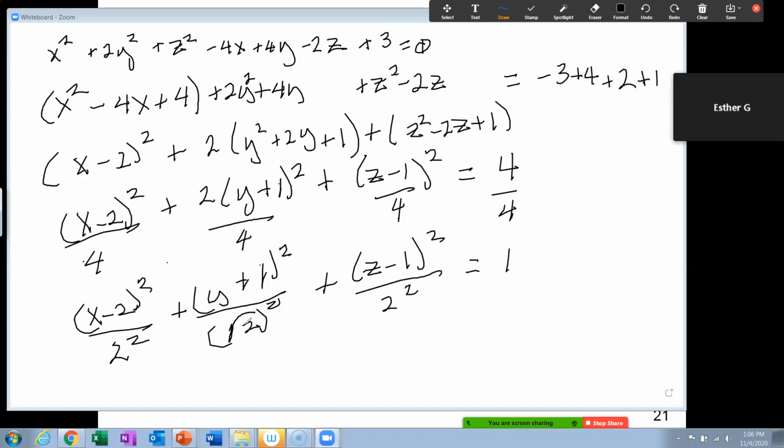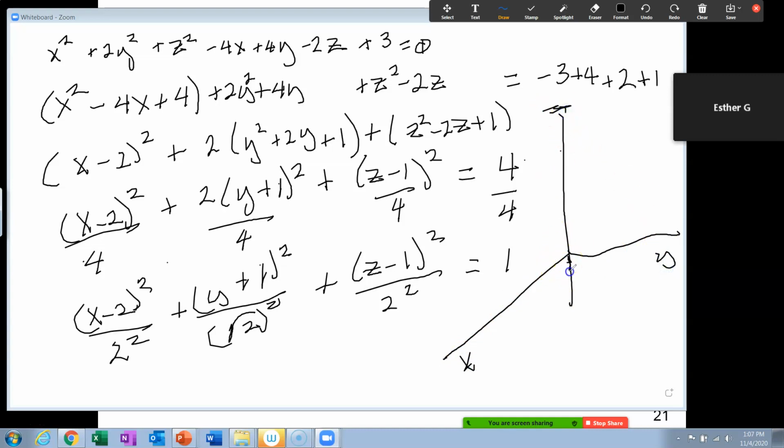Now, what about these things here? The x - 2, y + 1, z - 1, this identifies the center of that ellipsoid. x equals plus 2, y is equal to minus 1, z is equal to plus 1. So if I were drawing my axes, which I'm not drawing very well here, obviously, this is x, y, and z.